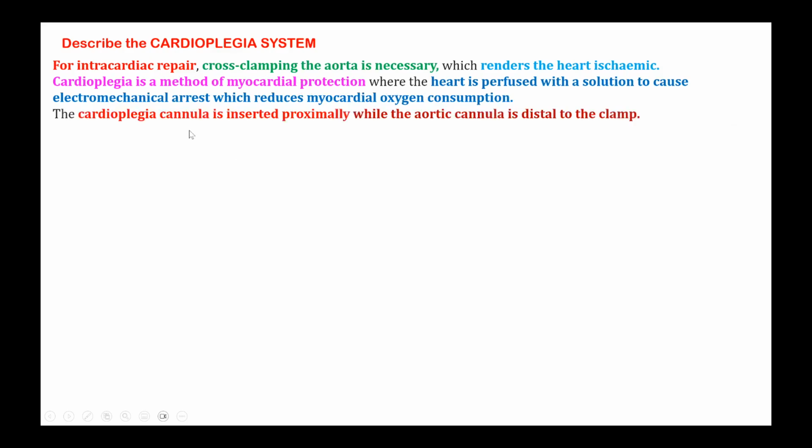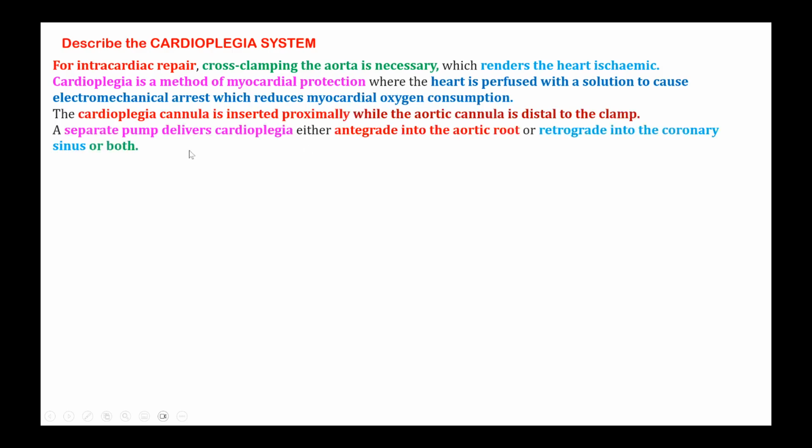Now cardioplegia cannulas are inserted either proximally through the aortic route or through the retrograde route. So there are two methods of cardioplegia, antegrade and retrograde. Separate pumps deliver cardioplegia either antegrade into the aortic root or retrograde into the coronary sinus, or both can be used in some cases where you require more protection.